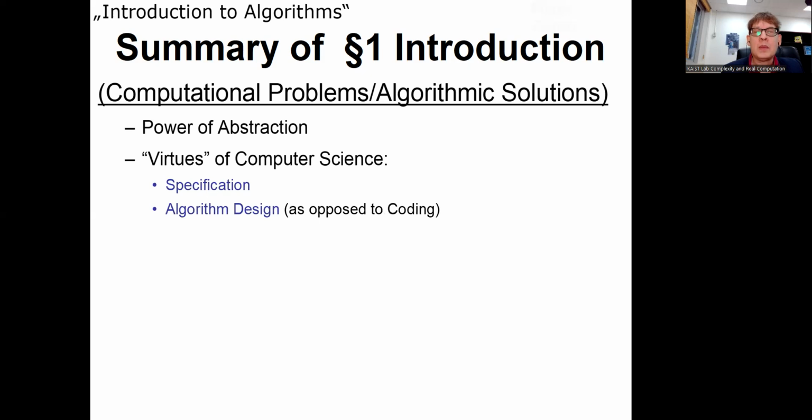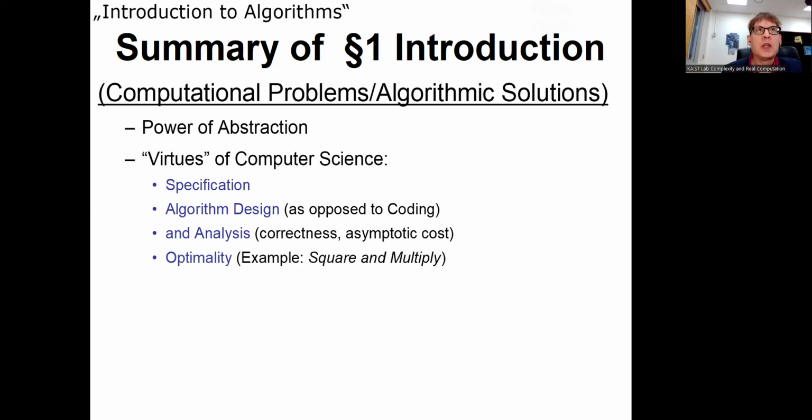Then algorithm design as opposed to coding, algorithm analysis, which involves correctness and asymptotic cost, as opposed to, for example, empirical runtime measurements on certain benchmark inputs.